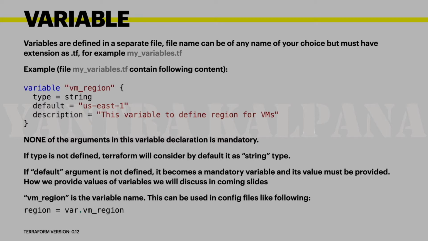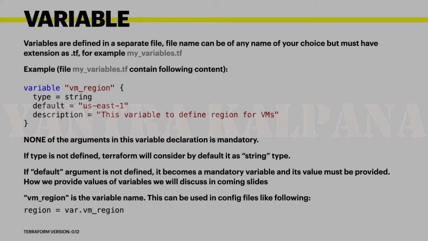So variables are defined in a separate file, and the name of the file can be of your choice, but it should have the extension .tf. So for example, if the file name is myvariables.tf, its content looks like in this slide. It starts with the block name called variable, followed by the name of the variable.